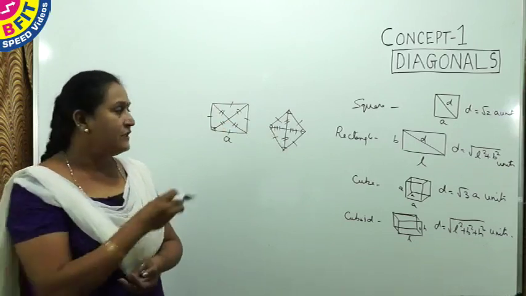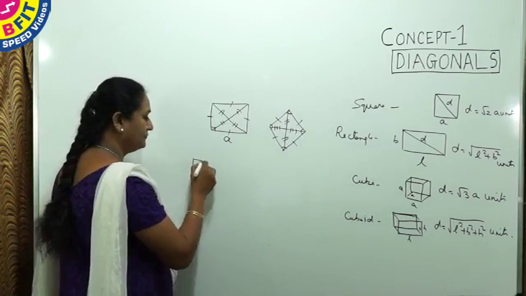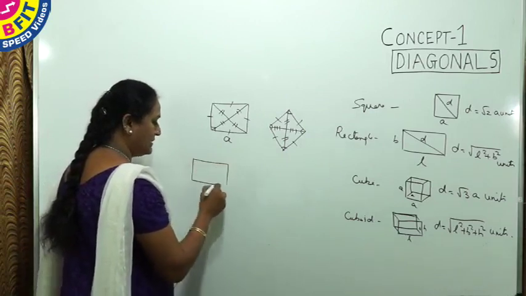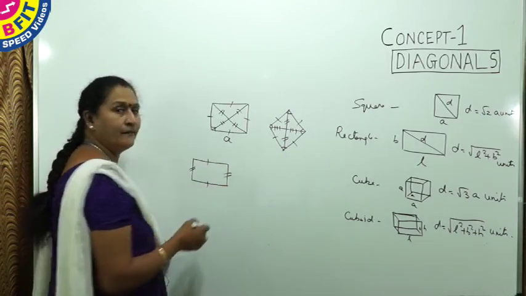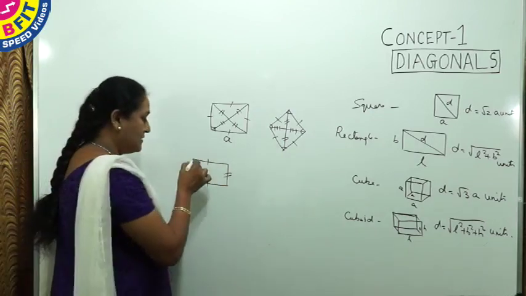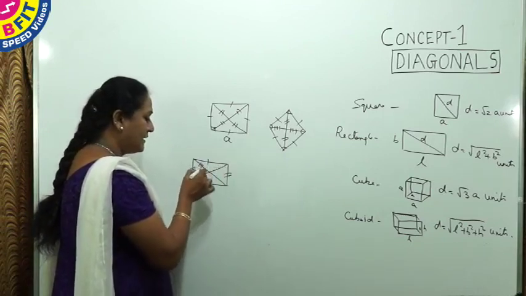And now we'll see the features of a rectangle. A rectangle is one where the opposite sides are same. And the diagonals of a rectangle are also equal and they bisect each other.